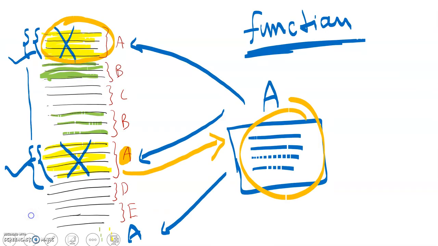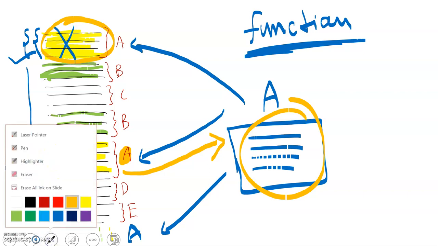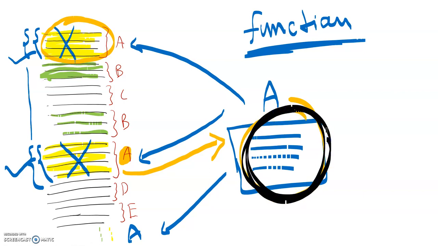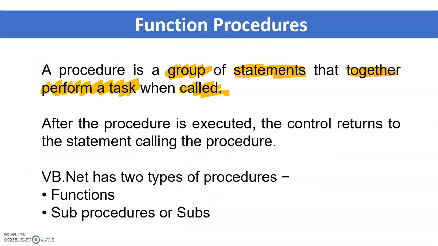I have this piece of code in my program, but I can call it whenever it is required. I will call it and it will give me the service. So whenever it is required, we can call it or use it.